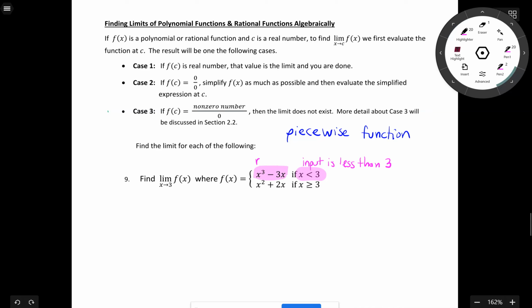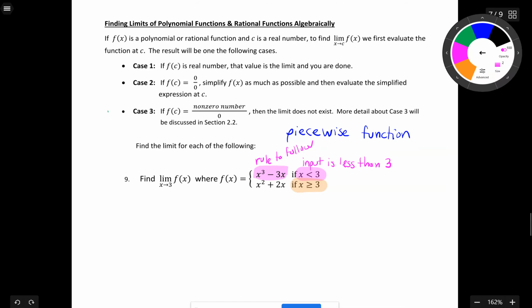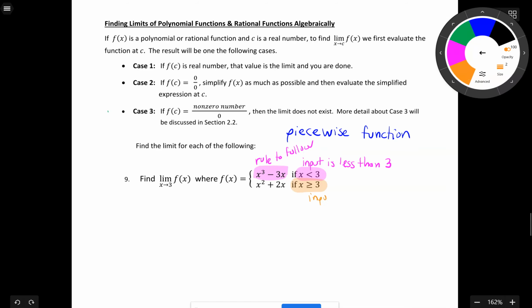And for this function, if my input is 3 or greater, then I follow a different rule. I'm going to follow this rule right here.